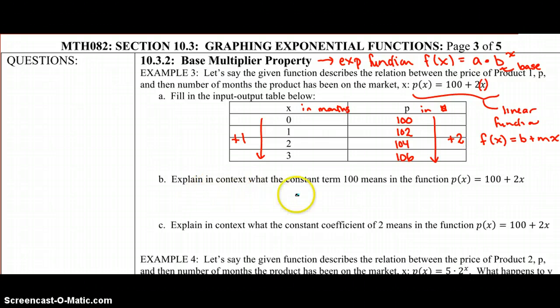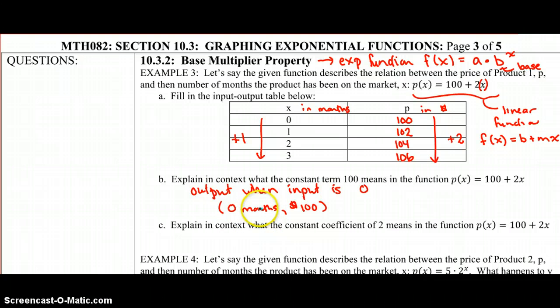So if we explain in context what the constant term 100 means in this function, 100 was the output when the input was 0. So that means we've got the point for an input of 0. And if we put in the units here, input was in months, 0 months, and the output was in dollars, $100. So this is the number of months that the product has been on the market.